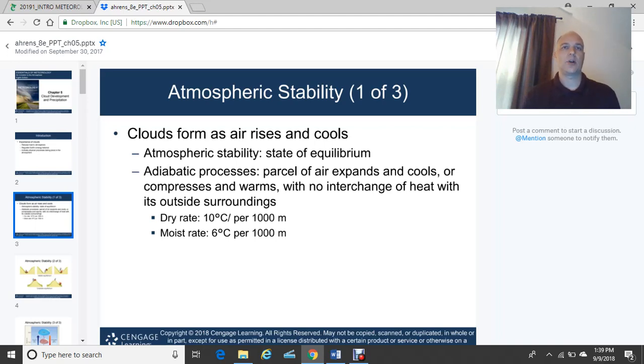Everything is contained within the adiabatic process. All the energy transfer is contained within the air parcel itself. None of that energy or heat is exchanged with the surrounding air outside of the air parcel. The dry adiabatic lapse rate is 10 degrees Celsius per 1,000 meter change in elevation, whether rising or sinking air. The moist adiabatic lapse rate is 6 degrees Celsius per 1,000 meter change in elevation.